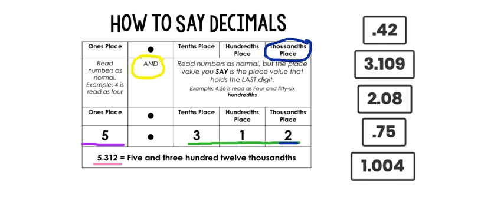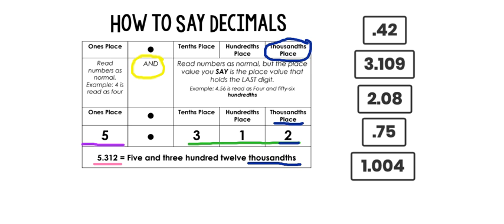So 2 is the last number in this decimal, so we would go up and see that it's in the thousandths place. That's where this last word comes from: whatever is the last number in the whole entire number. That's the word that we say at the end.